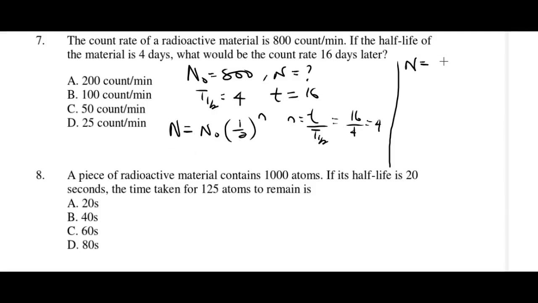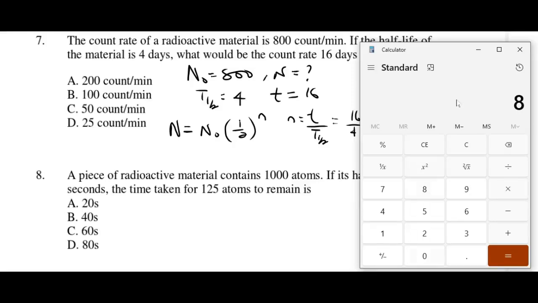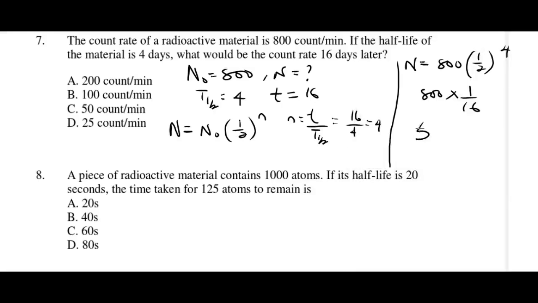We have N naught, that is 800, multiplied by half to the power of 4. So this is 800 times 1 over 16. You simply press 800 divided by 16. We have 50. So the answer to this question is 50 counts per minute, and that makes option C the correct answer.